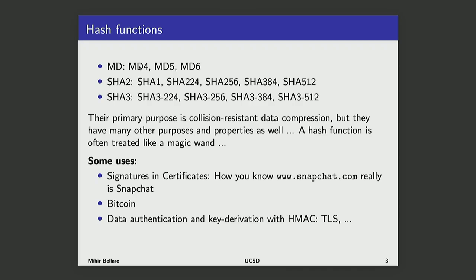People have developed lots of these, and they've kind of come in series. So the first one was called MD, and it had 3 functions in it, 4, 5, and 6. For a long time, MD5 was the world's most widely used function, but that also in the end got attacked. This was a government standardized series called SHA-2, and its first function was the one we just saw.